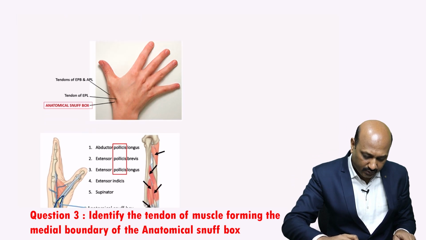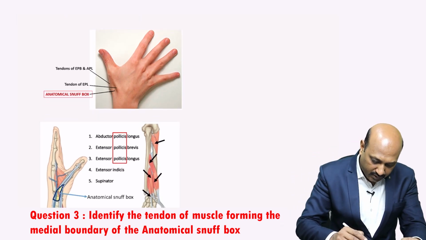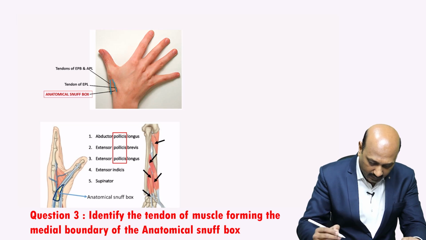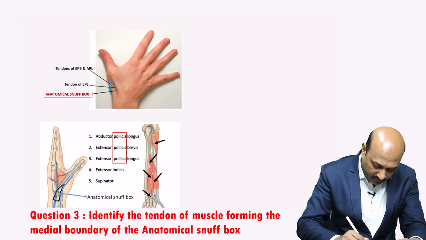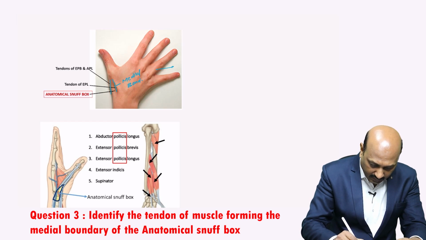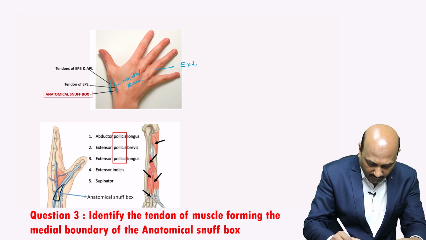So let's see. You can see here the triangular depression that appears when the thumb is fully extended, and this is the medial boundary of this box. The medial boundary is formed by the tendon of which muscle? Extensor pollicis longus, right?